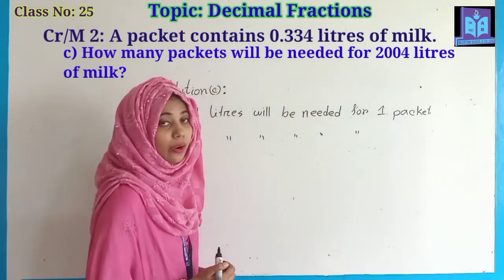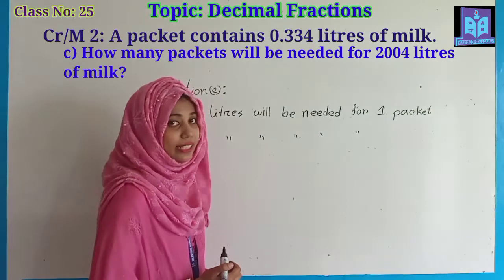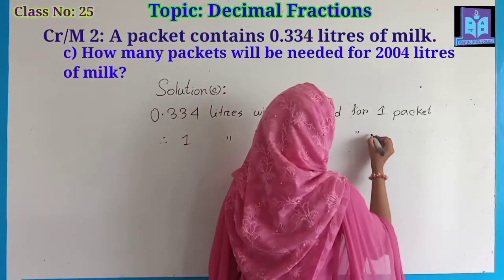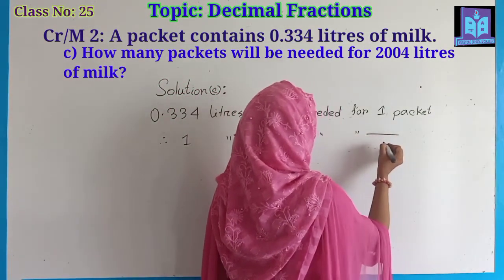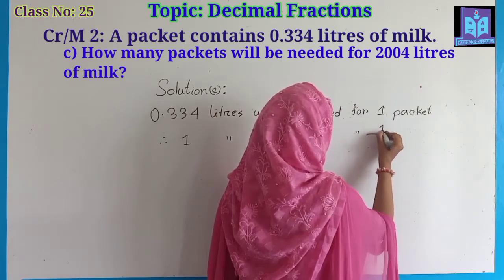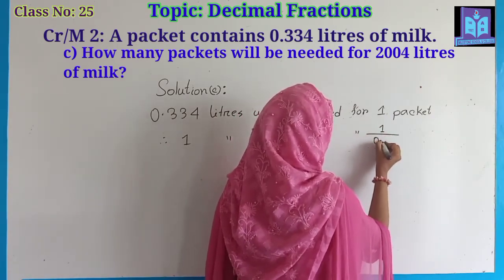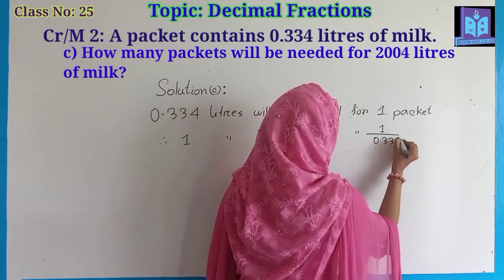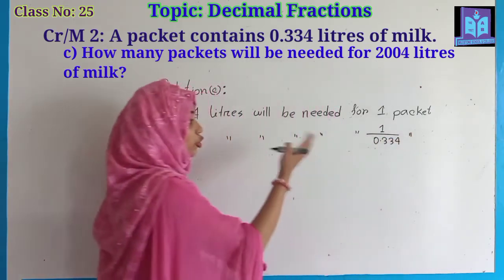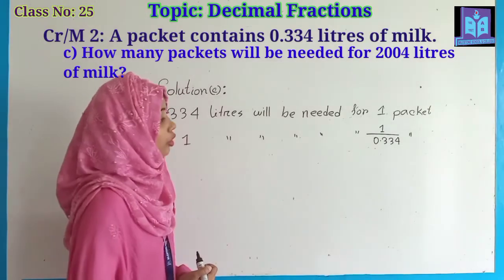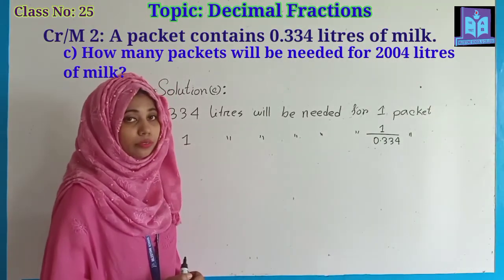Here we will write this division as a fraction. So I will write a fraction bar. Above the fraction bar there will be 1. Below the fraction bar 0.334. It means numerator 1, denominator 0.334.